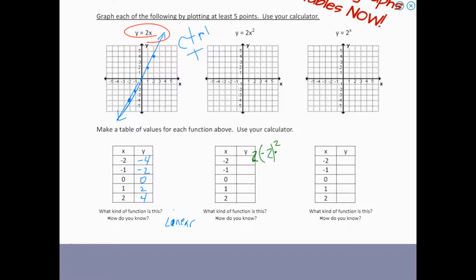Because -2 times -2, it's not negative anymore, it's +4, times 2 gives me 8. And if I did -1 squared, -1 times -1 is still 1, +1, times 2 is 2. So we got 0, then we would have 2, then we would have 8 again. Okay?